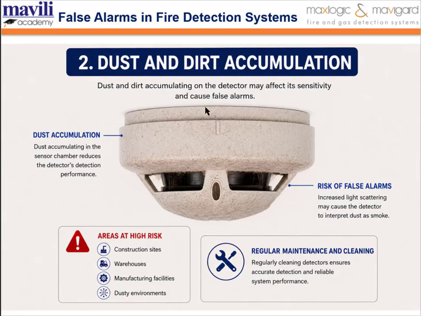In particular, dust accumulating in the sensor housing of optical smoke detectors can cause light to scatter abnormally, leading the detector to perceive smoke as present and generate a false alarm, of course. Construction sites, manufacturing facilities, warehouses, and similar dusty environments are areas where this risk is higher.